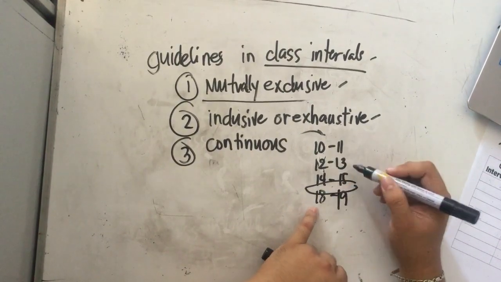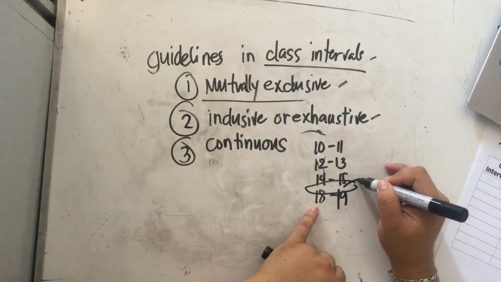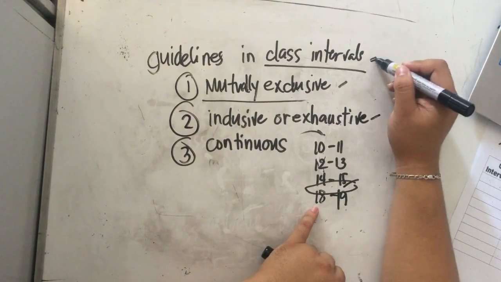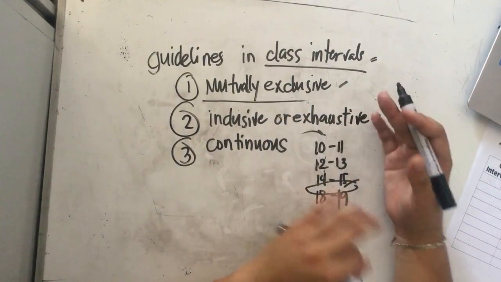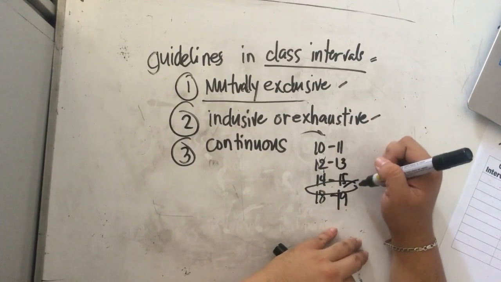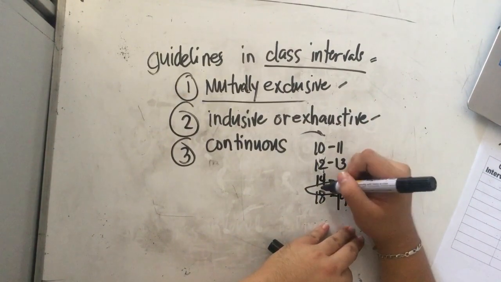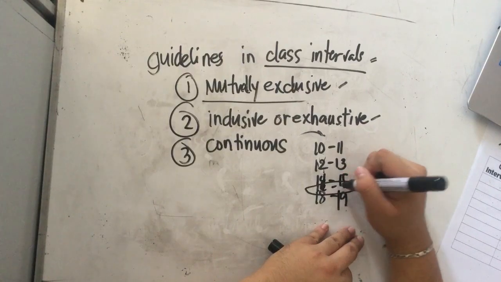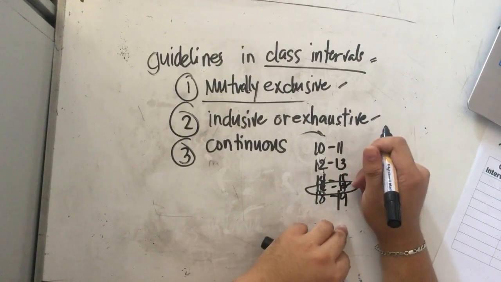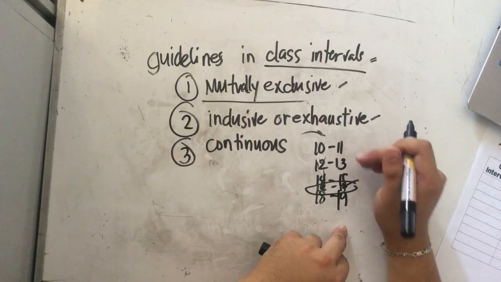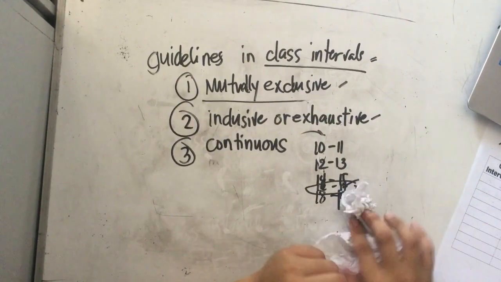Okay. So, hindi pwedeng mayroon tayong gap. Okay? So, kailangan ang class interval continuous. Kahit walang laman yung interval natin, kailangan sinusulat pa rin natin yon kasi meron pa ring bearing yung class interval na yon. So, we have continuous.